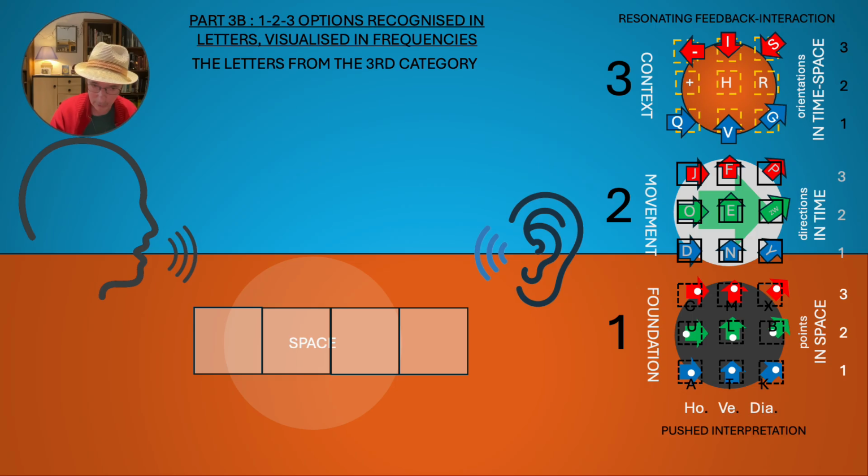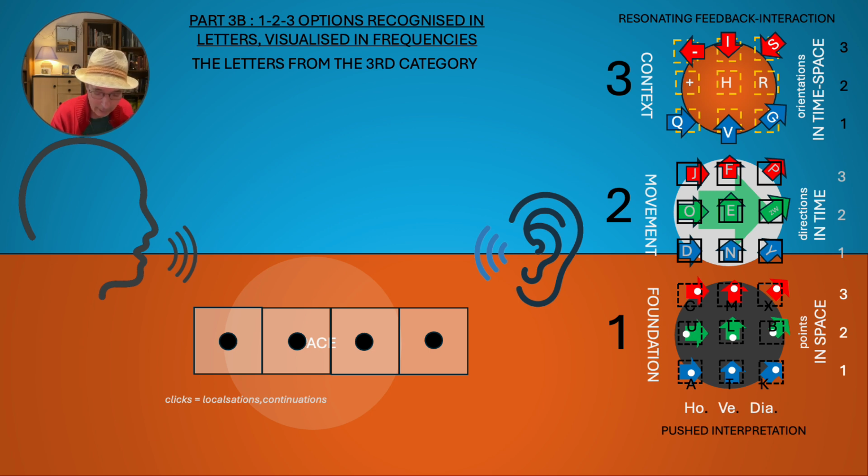But first, the recognition. So let's have a word. Let's hear a word in 4 letters and see how we quickly recognize letters and what we're going to do with it. The basic letters, first 9 letters, they can all be derived actually to one point, just like we have, let's have 4 letters from that first category.